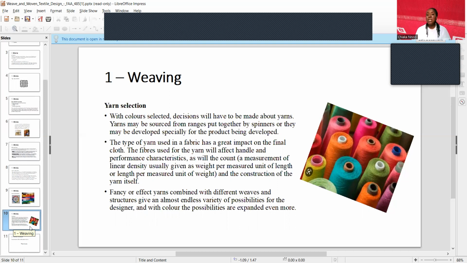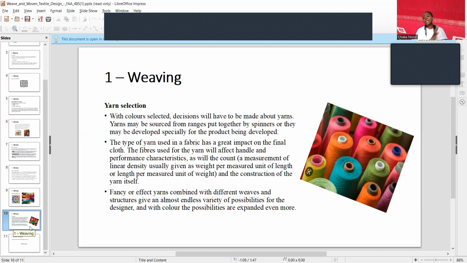The count is a measurement of linear density, usually given as weight per measured unit of length or length per measured unit of weight, and the construction of the yarn itself. Fancy or effect yarns combined with different weaves and structures give an almost endless variety of possibilities for the designer. And with color, the possibilities are expanded even more.